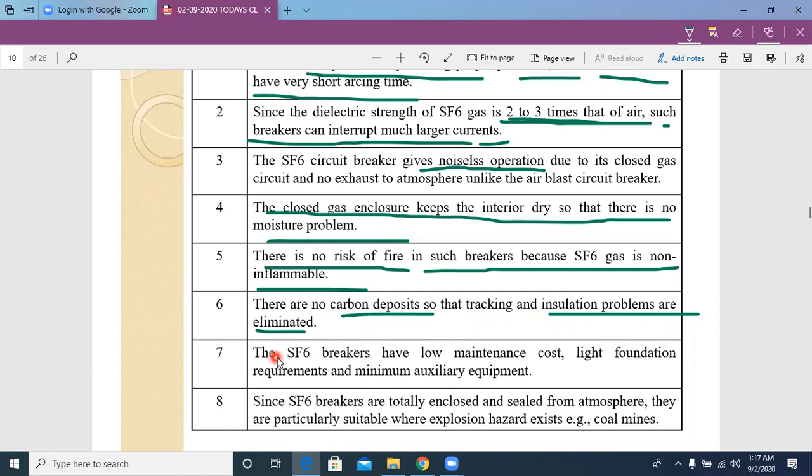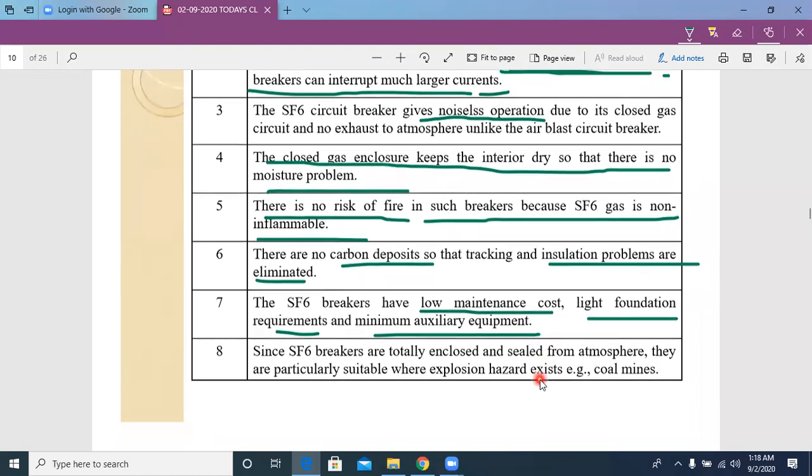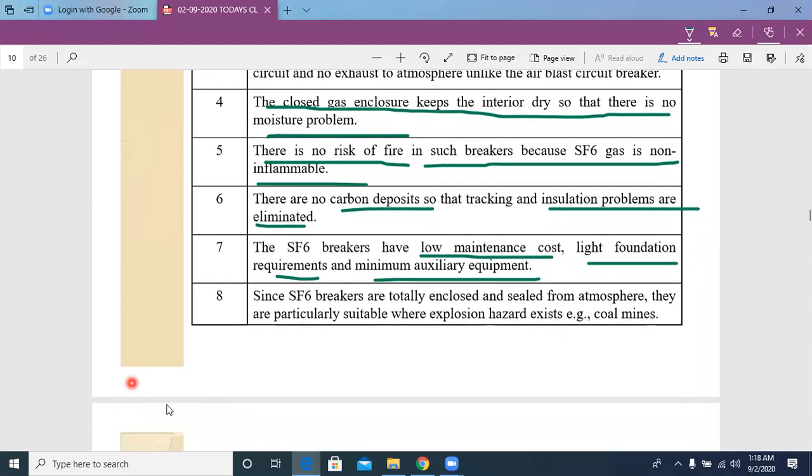Now SF6 breakers have low maintenance cost, light foundation requirements, and minimum auxiliary equipment. SF6 breakers are totally enclosed and sealed.